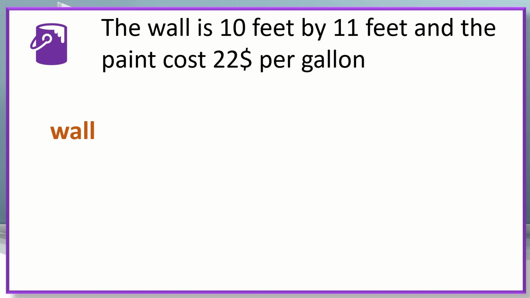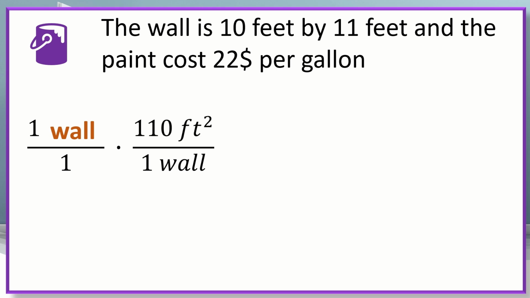So I have my wall here. It's not really what I want to talk about, though. So I move to get rid of that unit. Don't want to talk about walls. What is it about the wall I want to talk about? Its area, measured in feet squared, as we just learned about previously. That's 110 feet squared.